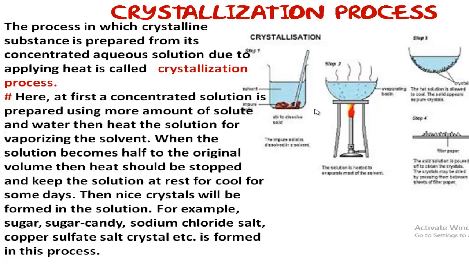sugar crystals. So at first you have to prepare a homogeneous mixture of sugar water solution, and for this you have to add more sugar, that means a concentrated solution.